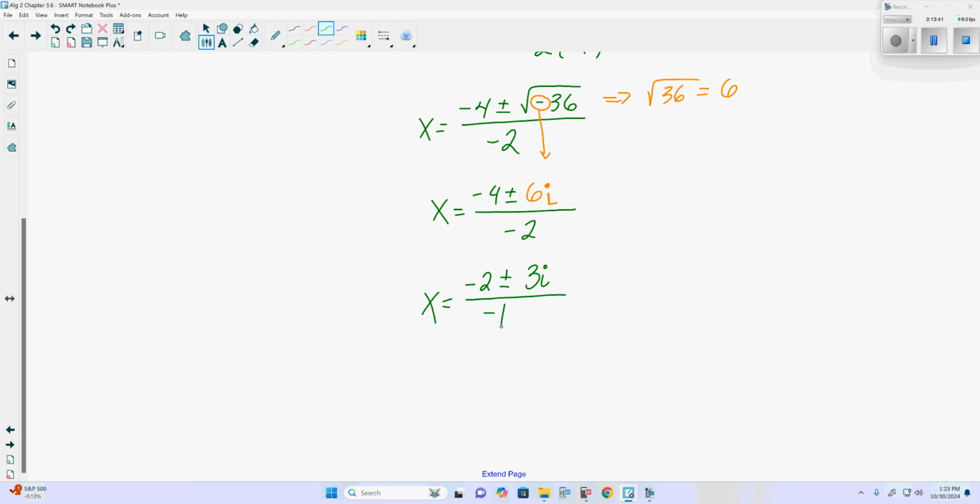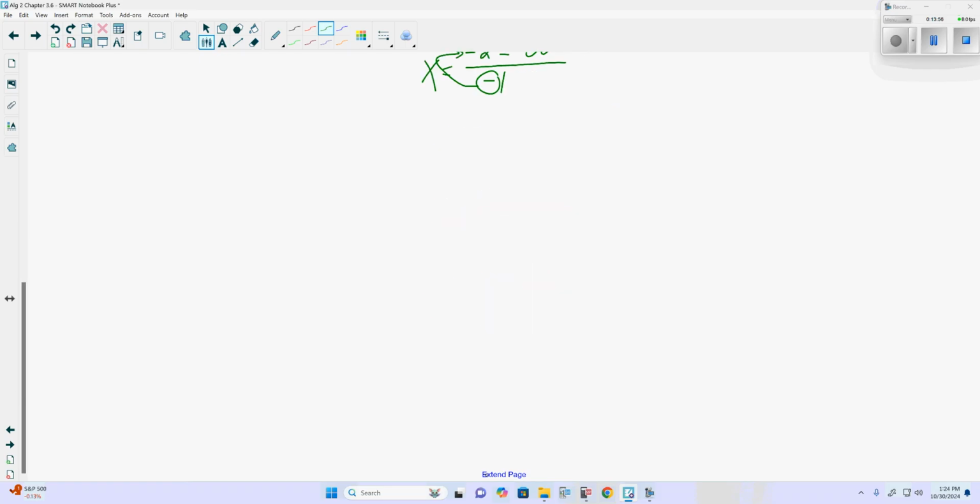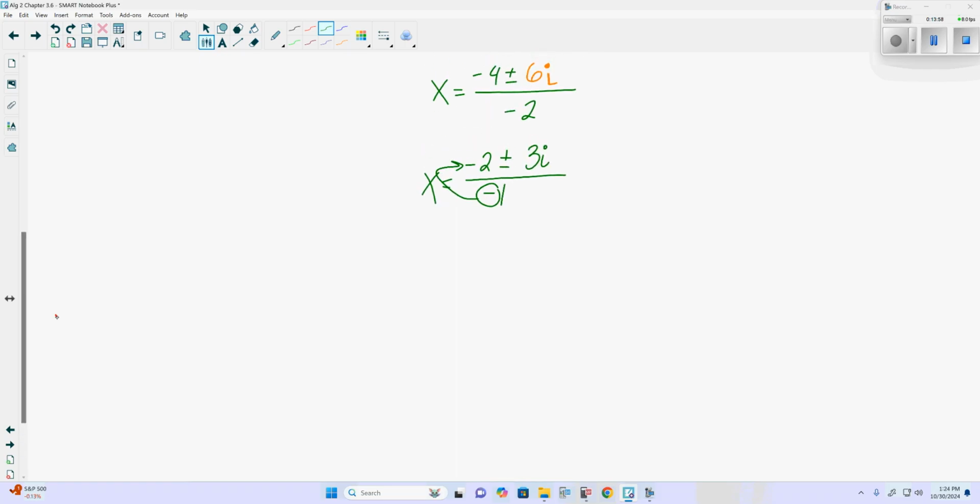We can't just get rid of the 1 because it's not positive, it is negative. Now we can simplify it, it just means I have to take that negative and distribute it through the top. Which means the -2 is going to become +2. We will still have our 3i, but the positive in this plus or minus is going to become minus.